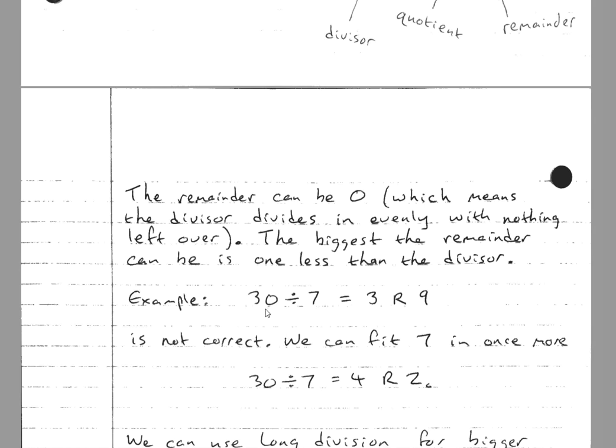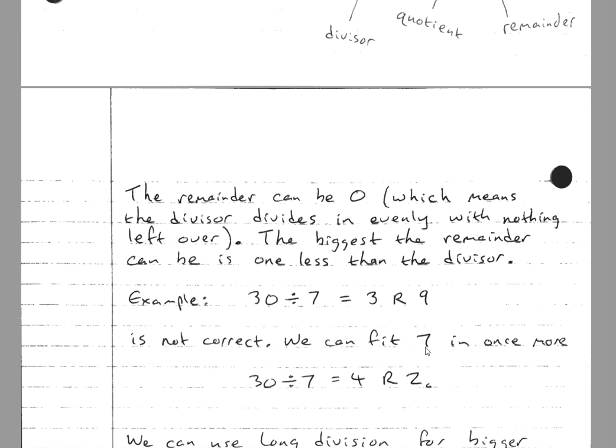For example here, what's 30 divided by 7? Well, you could say 7 fits into 30 3 times, with 9 left over. But that's not correct. That's not the best you can do. See, this remainder 9 is too big. It's bigger than 7. So that means you can fit in one more 7.